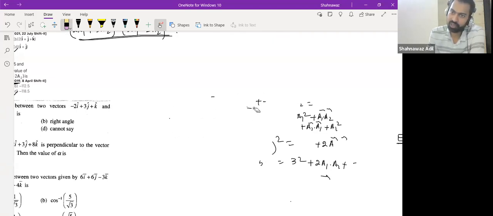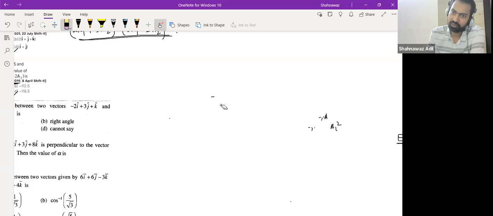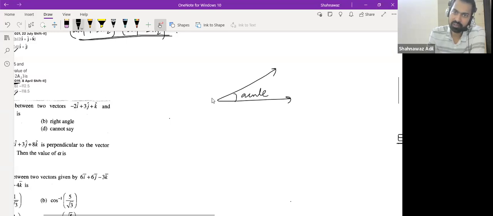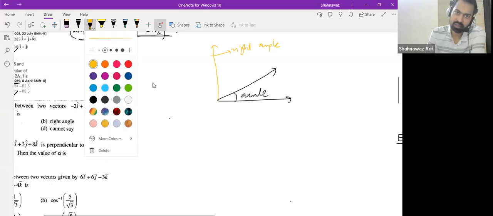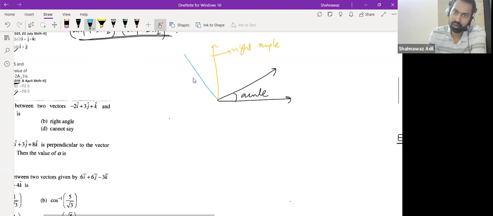Okay, so just going down memory lane. What do we already know? We already know that we have this ray, right? So this is acute angle, and this is right angle, and this is obtuse angle, right?